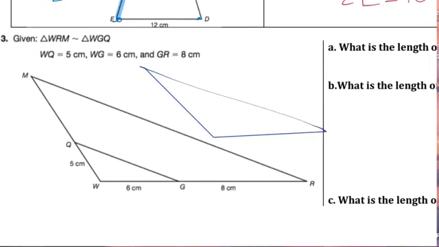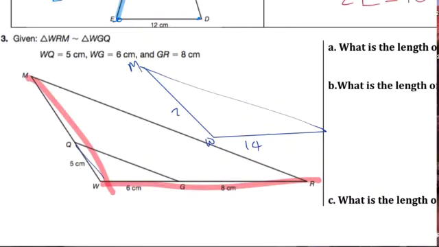And the first triangle is this. We don't know that's 14. M to W we don't know because we only know part of it, right? The little triangle. We got 5 and 6 there.